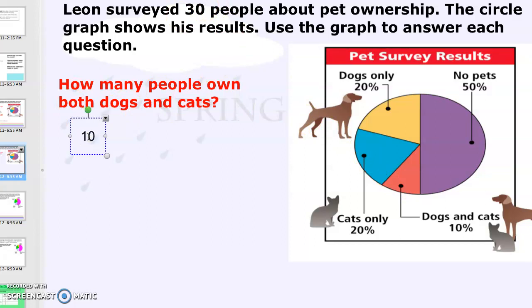So 10% is 10 over 100, because percentages are out of 100. And we set up the other ratio: some amount of people that own both dogs and cats, so that's x, my variable, out of 30 total people.